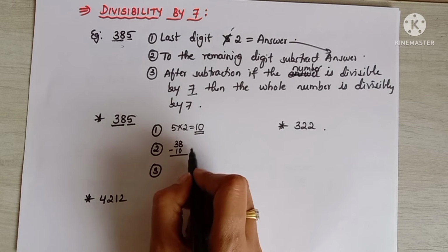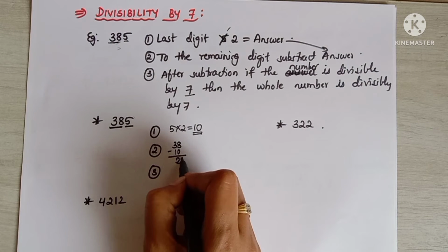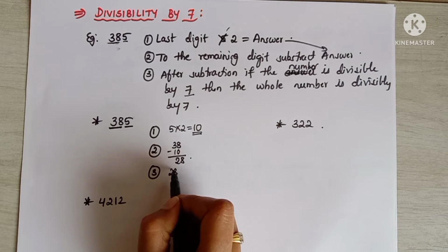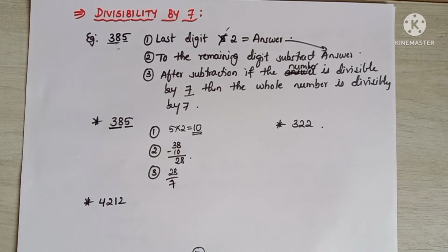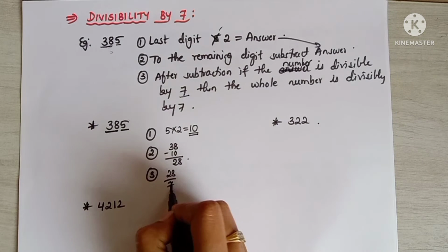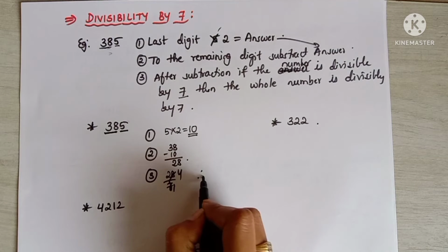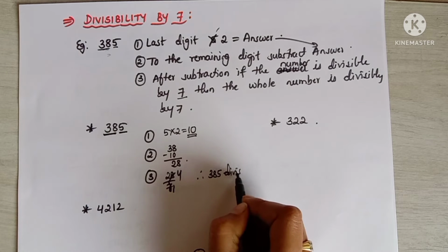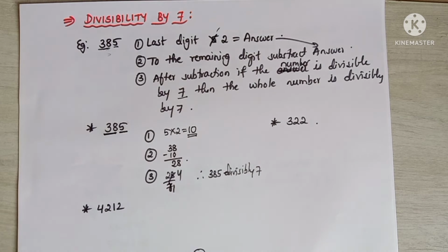This will be 28. If this 28 is divisible by 7, then we can say that the whole number is divisible by 7. Is 28 divisible by 7? Yes, it is divisible by 7. 7 ones are 7, 7 fours are 28. Therefore, 385 is divisible by 7.